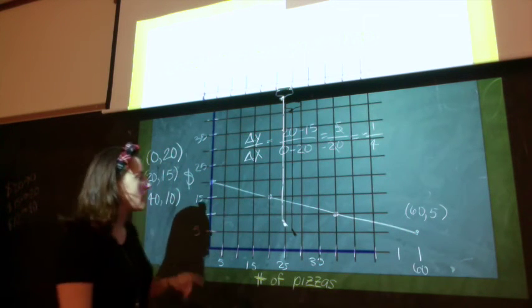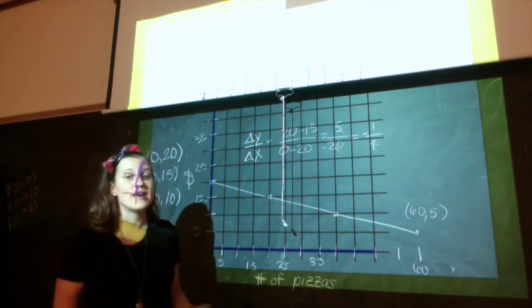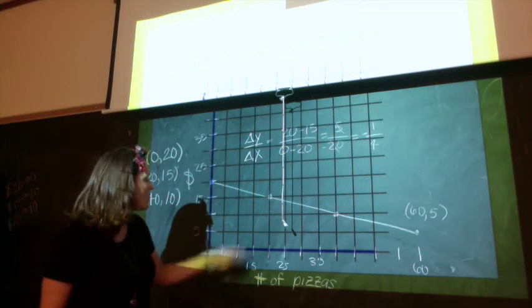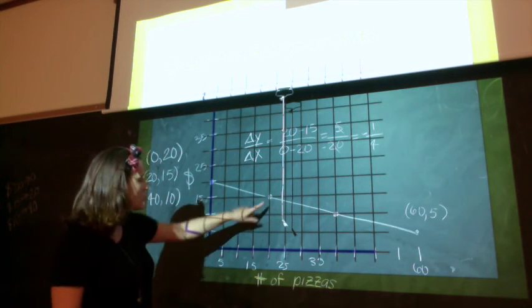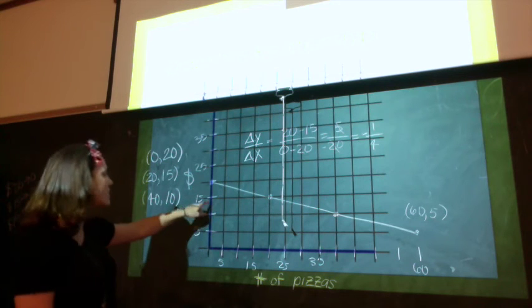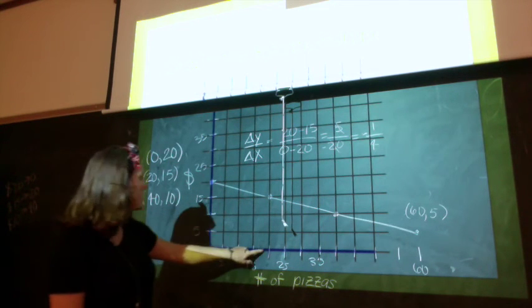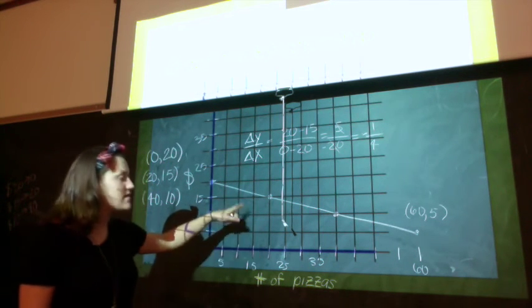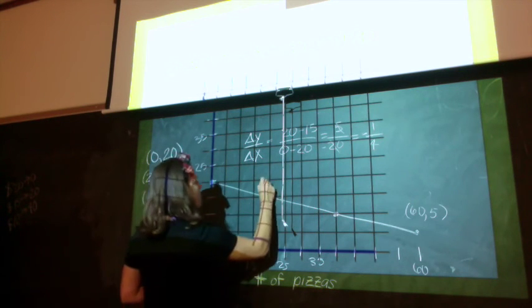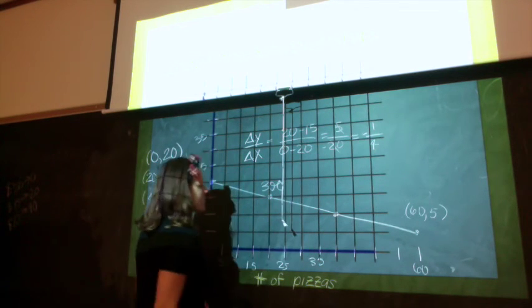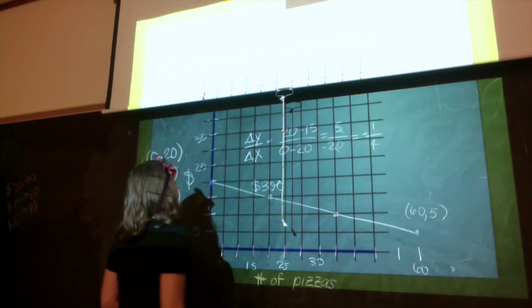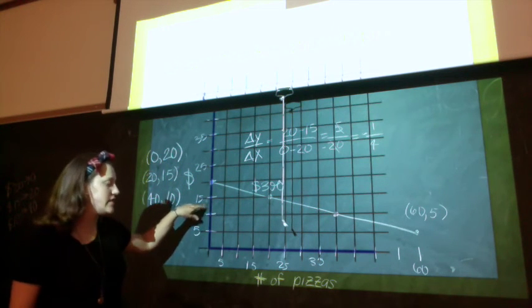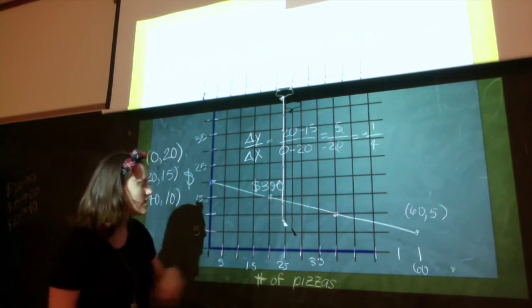So let's say you want to figure out what price of pizza makes you the most money. So to figure this out, we could choose this point, for example, and say, well, $15 a pizza, we sell 20 pizzas. So 15 times 20 is 300. So you're making $300 if you have the price set at $15 and you sell 20 pizzas.